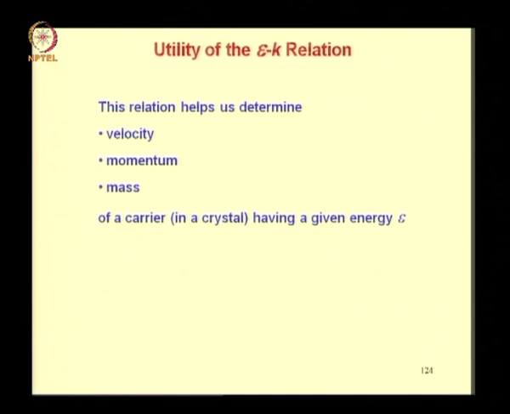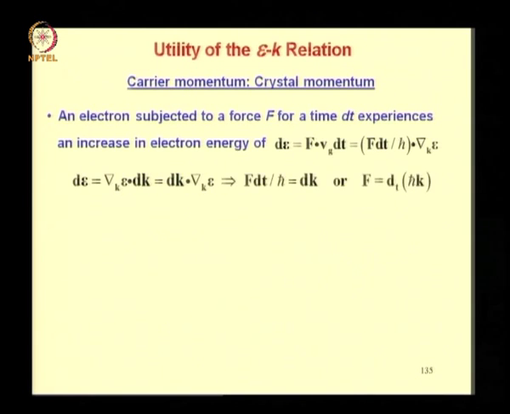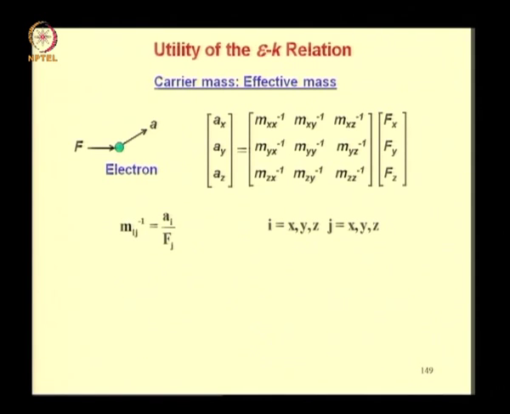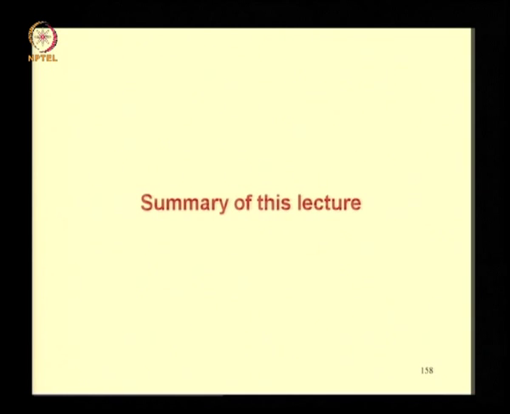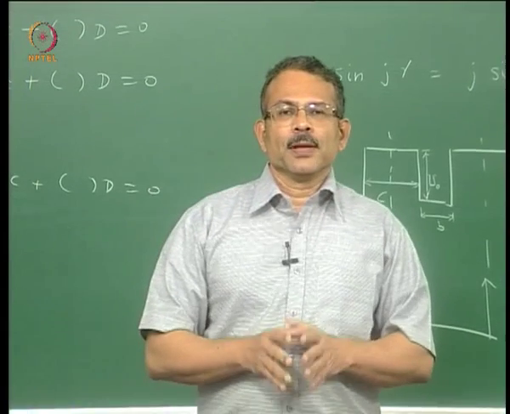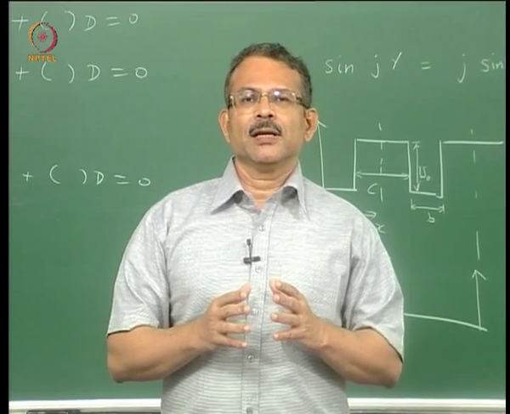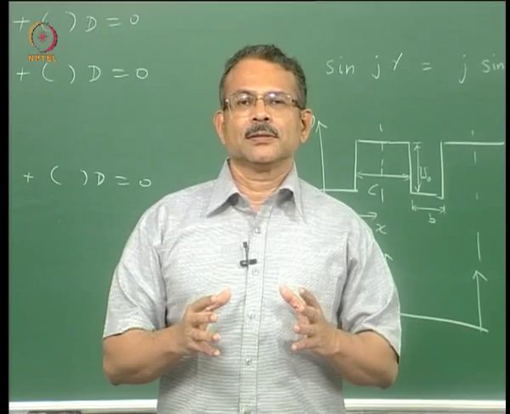Since we have come to the end of the lecture, let us make a summary of the important points. So in this lecture we have discussed determination of the Ek diagram in a quantitative fashion in detail.